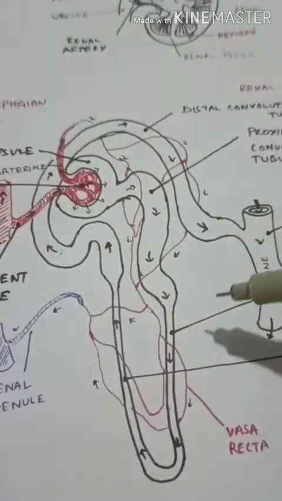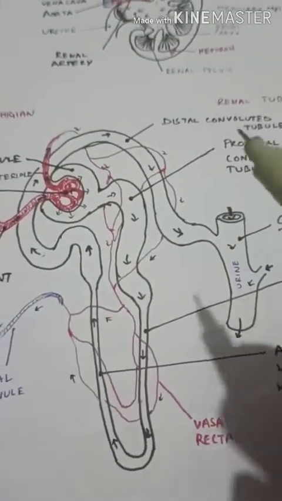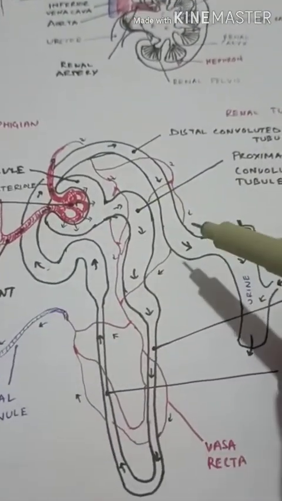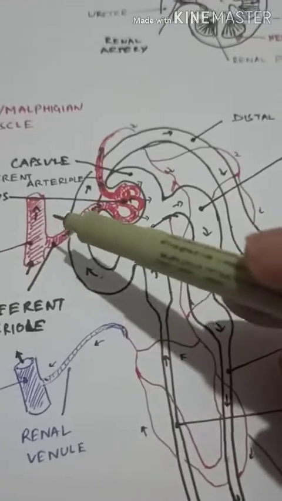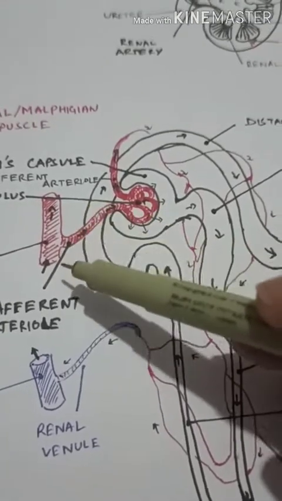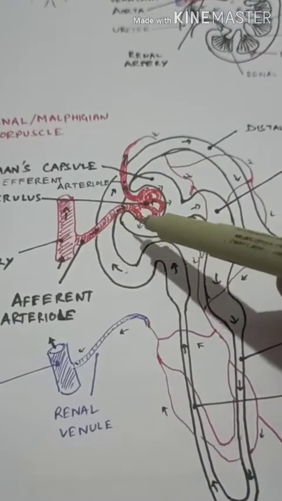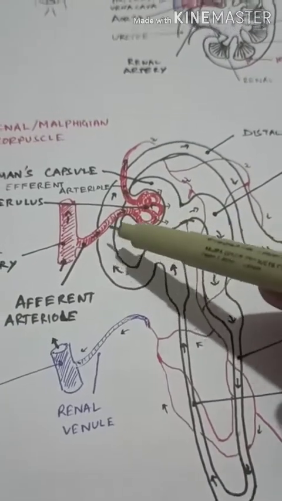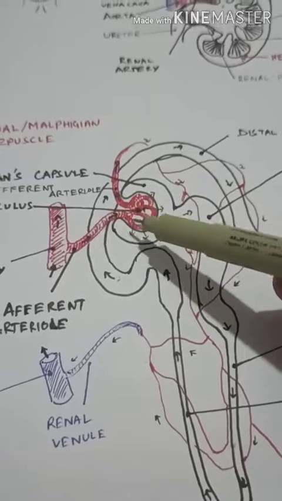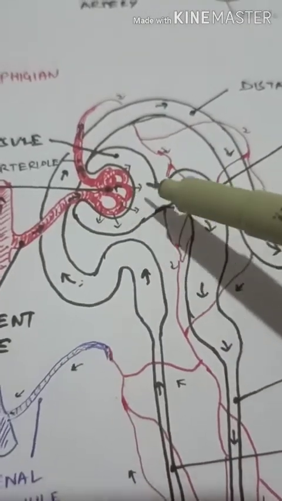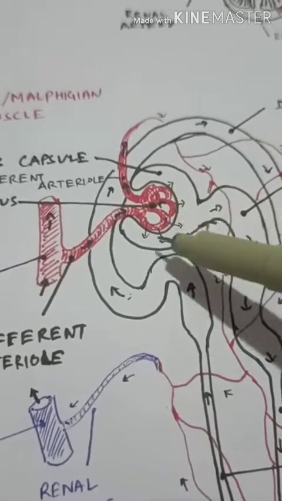Now when that is happening, the entire process is done in two steps. First step is where the waste-filled blood that is being brought by the renal artery enters the nephron via the afferent arteriole, and then it transforms into a large number of capillaries inside, which is called the glomerulus.